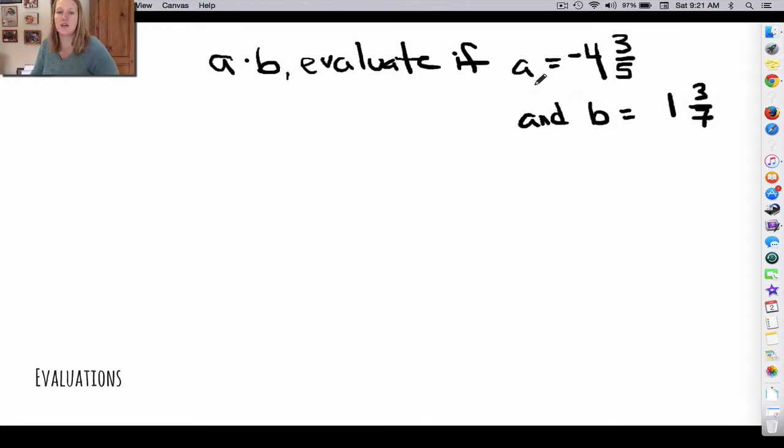Okay, so you're going to need to change both of them. So you would substitute it in, so -4 3/5 times 1 3/7.